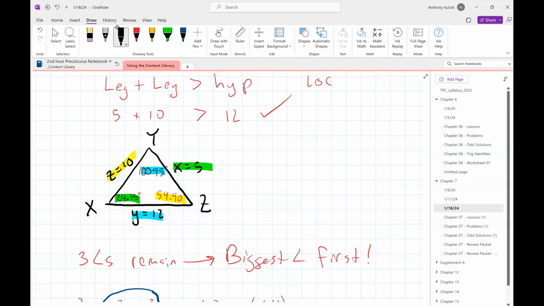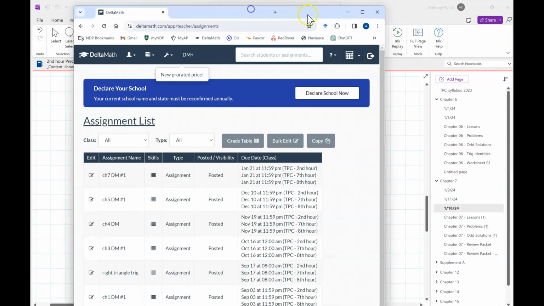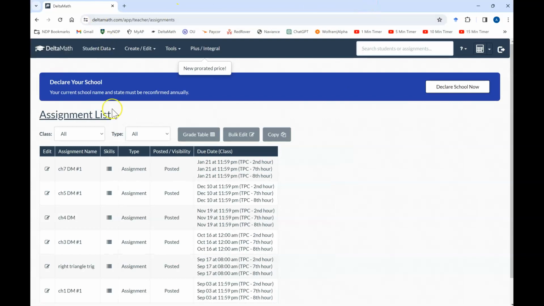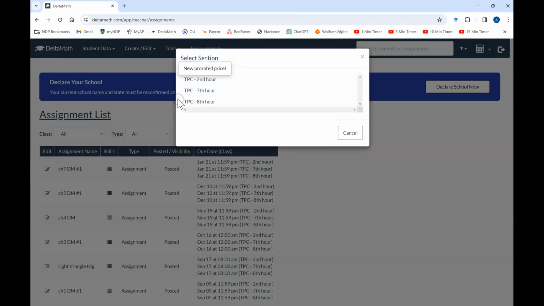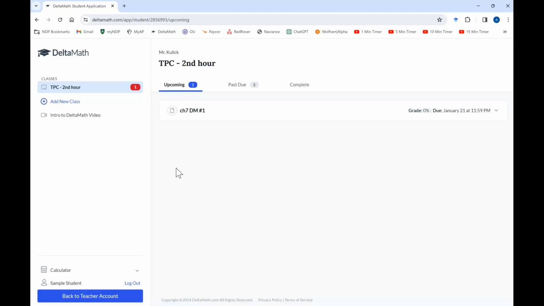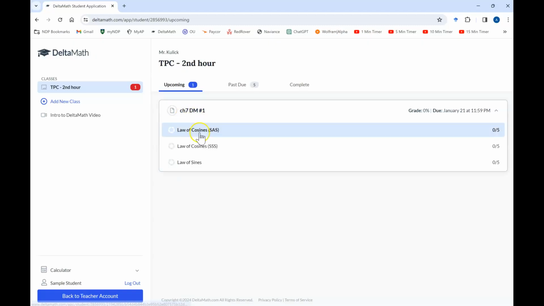Okay, doke. Joe, you wanted to look at one of these Delta Math problems because it wasn't working for us? Yeah, if you had a problem, I'm sure other people had a problem. Let's take a look here. All right. Sample student page. Okay. And it was the law of cosines problems?